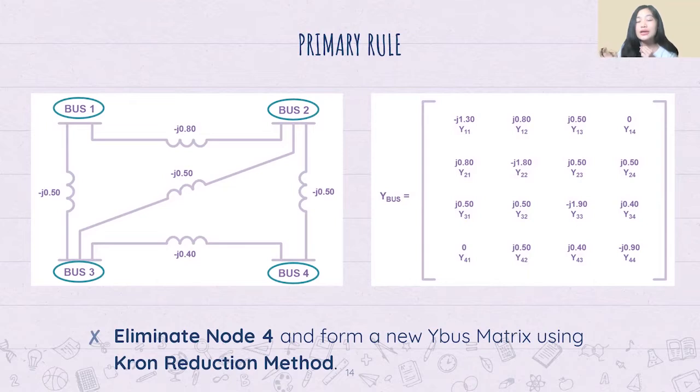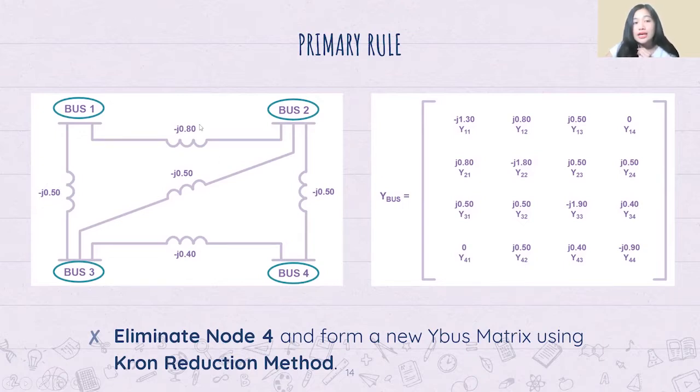Let's go back to the Y bus admittance matrix to refresh on the next step we should do. So here in Y11, meaning the sum of all the admittances that are connected to our first bus. This is our first bus, and connected to it are negative j 0.8 and negative j 0.50.